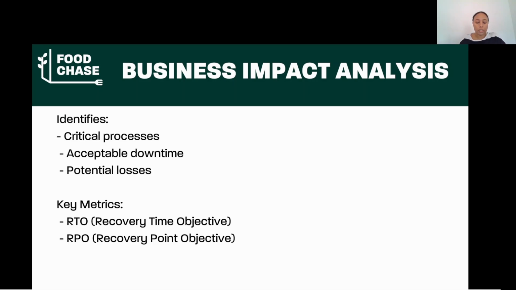Recovery point objective is the maximum acceptable data or process loss measured in time, and the recovery time objective is how quickly you need to restore a function after disruption. Knowing these helps prioritize recovery efforts when a crisis hits.